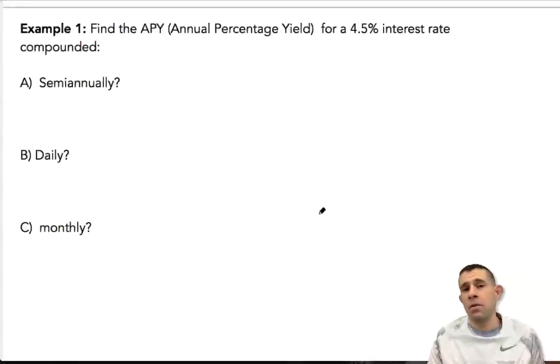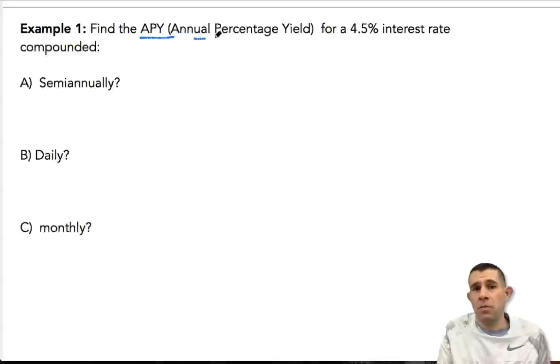All right, example 1 says to find the APY, annual percentage yield, for a 4.5% interest rate compounded semi-annually. So again, here our n value is equal to 2. We see our interest rate r is 4.5%. Now as a decimal, that's 0.045.